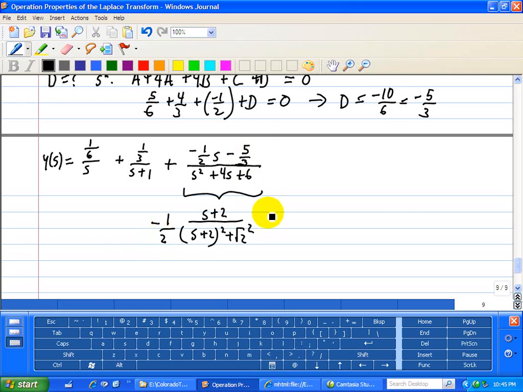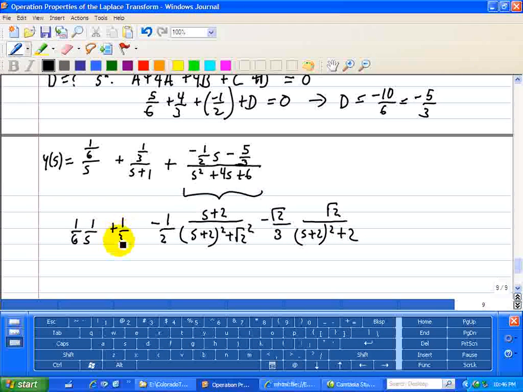And this minus 5/3, we saw that term here is square root of 2 over 3, and that's square root of 2 over s plus 2 squared plus 2. And this is 1/6 times 1 over s plus 1/3 over s plus 1.